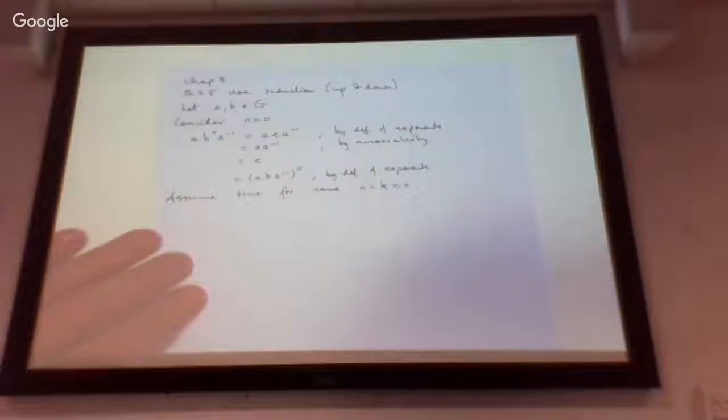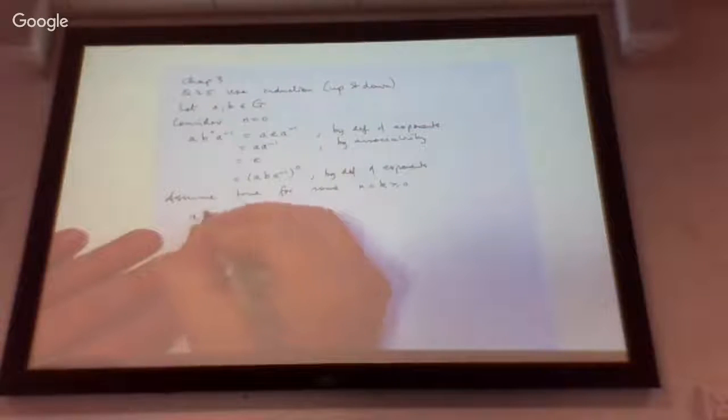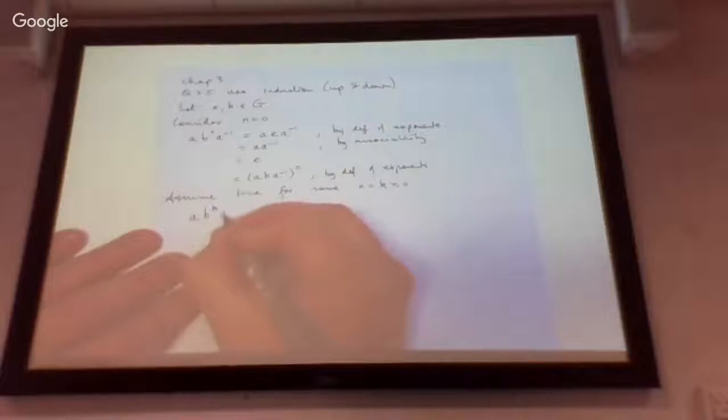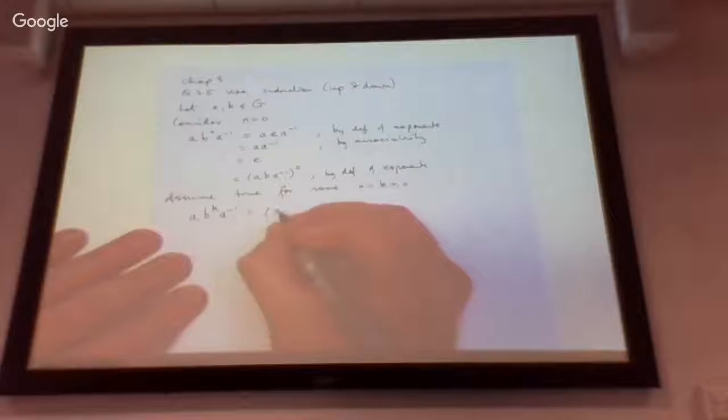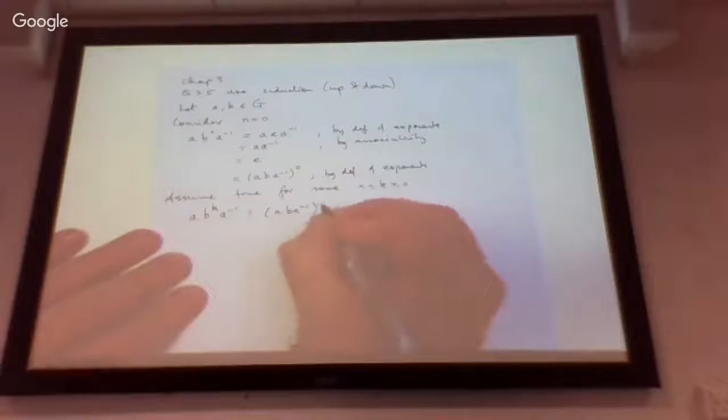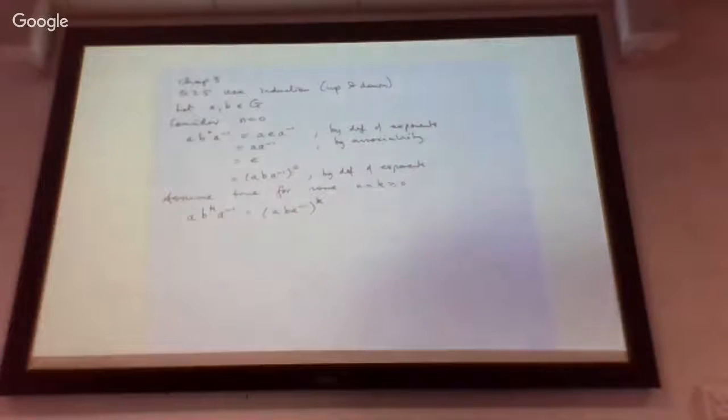Okay, so we're assuming that a times b to the power k times a inverse is equal to ab a inverse raised to the power k. We now want to attempt to do the result for k plus 1.